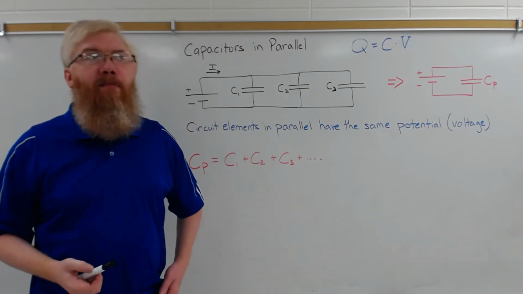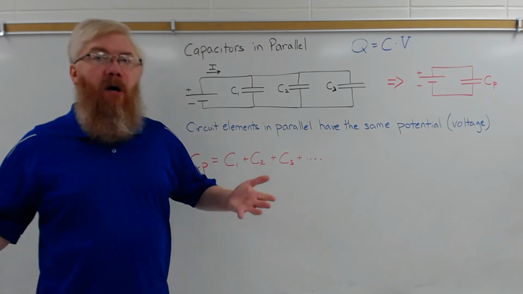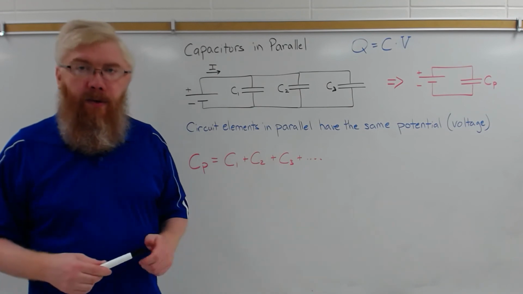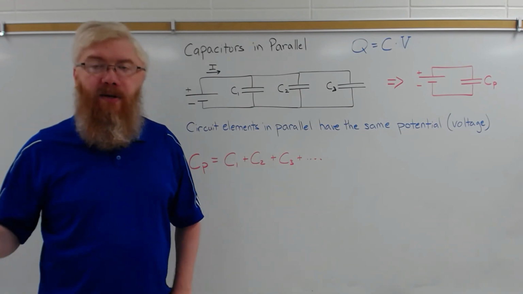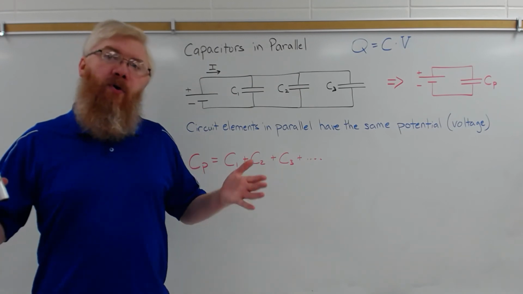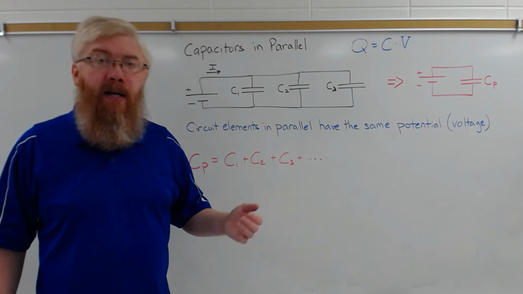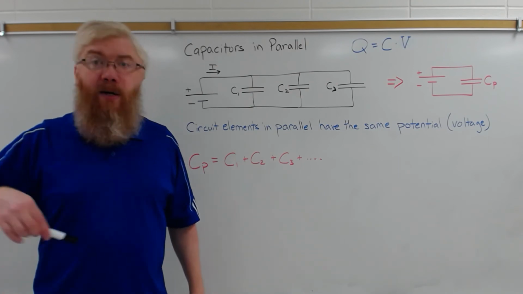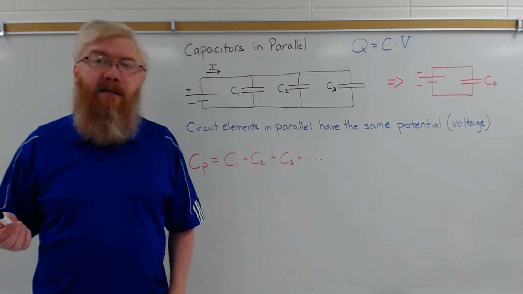A real-world analogy would be the checkout line at a grocery store. If you've ever been to a large Walmart or Target or any type of grocery store that has multiple checkout lanes, most of them do nowadays, when you have your groceries, you can choose to go through lane 1 or lane 2 or lane 3, right? You don't go through lane 1 and then go back and go through lane 2. That doesn't make any sense.